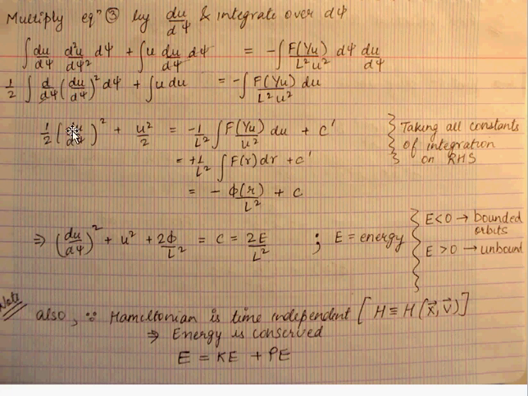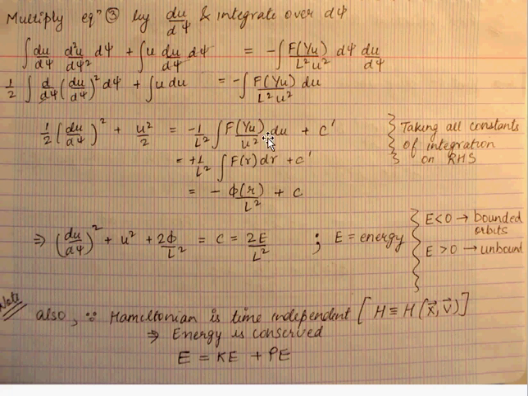So you end up with half (du/dψ) whole square plus u square by 2 comes from here, minus 1 by L square goes out of the integral, L is constant, integral of f as a function of u by u square du, plus the constant of integration. All the constants of integration that come from solving these integrals are stored in C dash. Now making the substitution of u equals 1 by r, right?